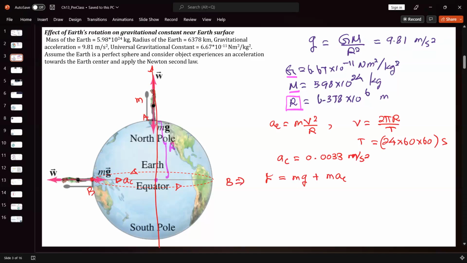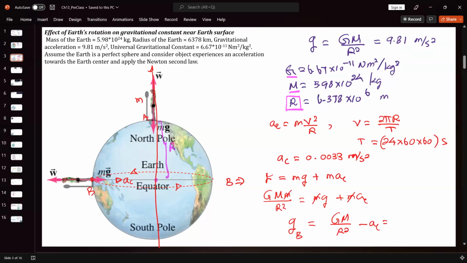Now there are two accelerations there, which means if I plug in F right here, which is GMm divided by r to the power 2, it is equal to small mg plus small m ac. Small m cancels out, then you can see the gravitational acceleration at point B is equal to GM over r squared minus the ac.